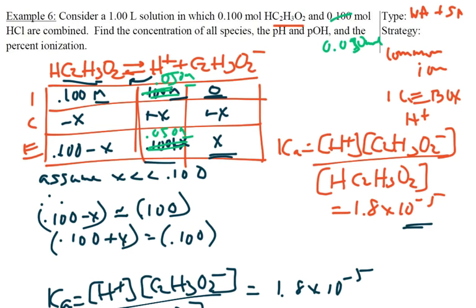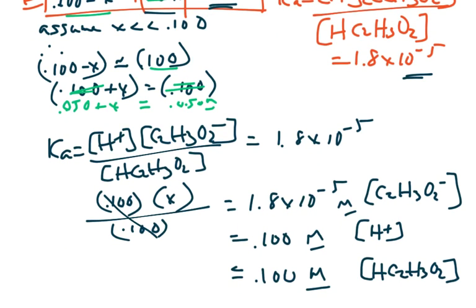So this assumption is still true. This guy here is still essentially 0.1. My assumption here is going to change. So 0.05 plus X is essentially the same as 0.050 molar. When I come down here, this H plus is 0.050 molar. So when I divide, they're not going to cancel out now, but it's still going to be simple.